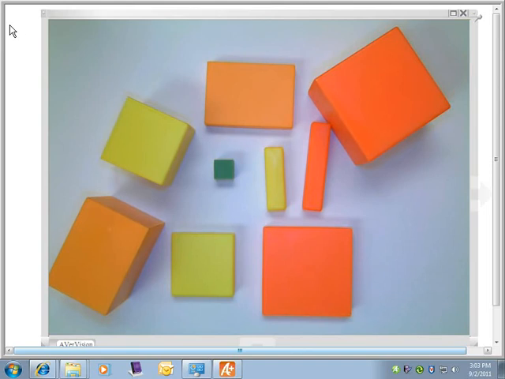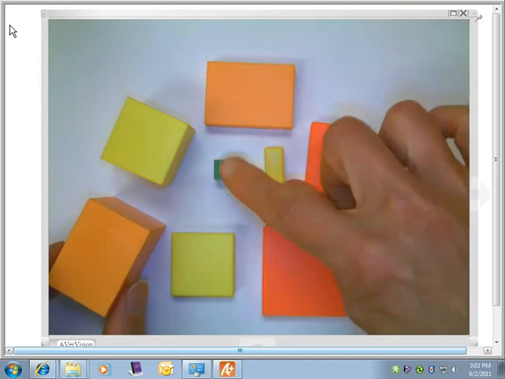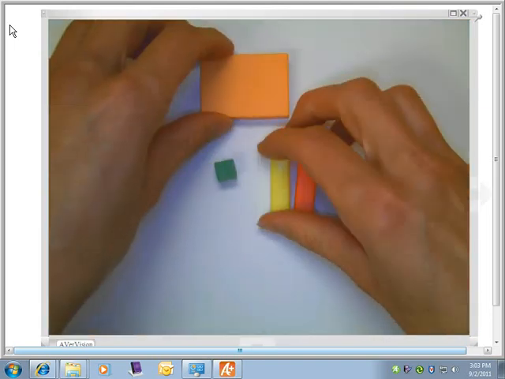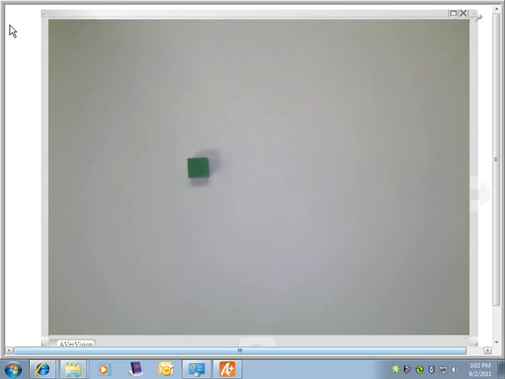We're going to start with the simplest object, our green. So we have nothing really to say to this except we're just going to arbitrarily say that this is our unit. And we're going to call it 1. That's what our units are: 1, 2, 3.